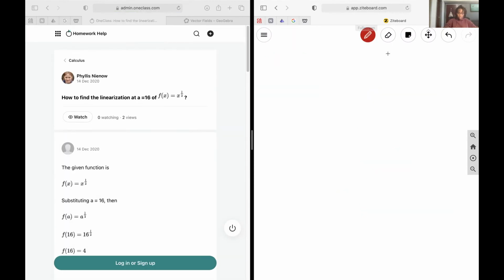Okay, next up, you're going to want to linearize a certain function at a is equal to 16. And so let's go about doing that.